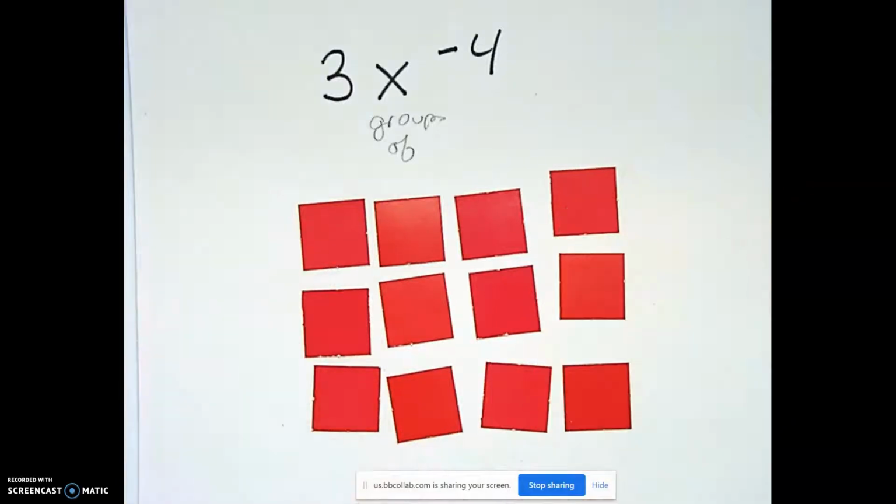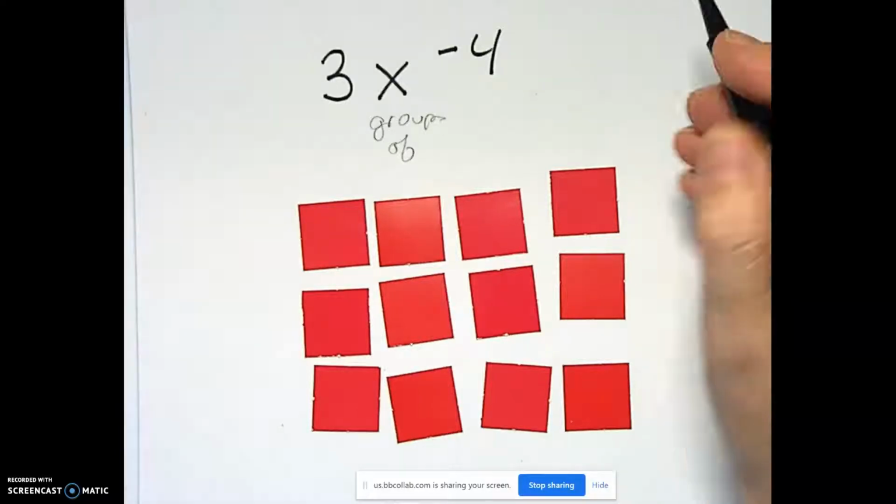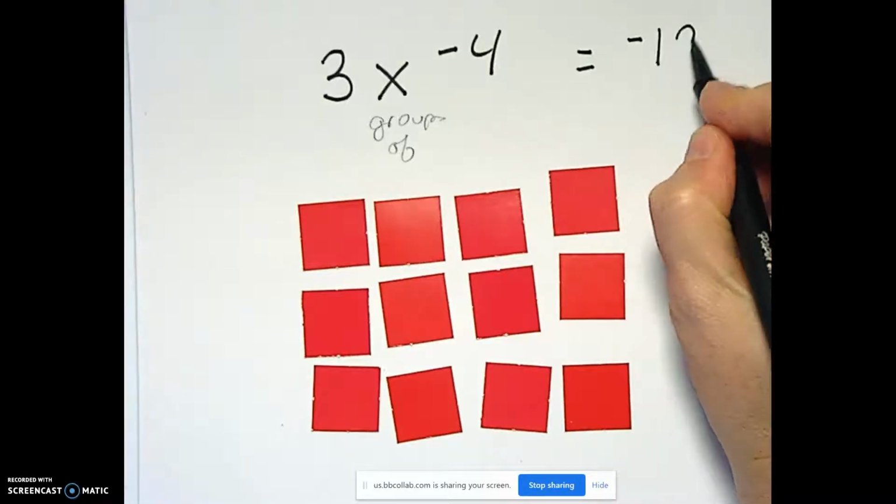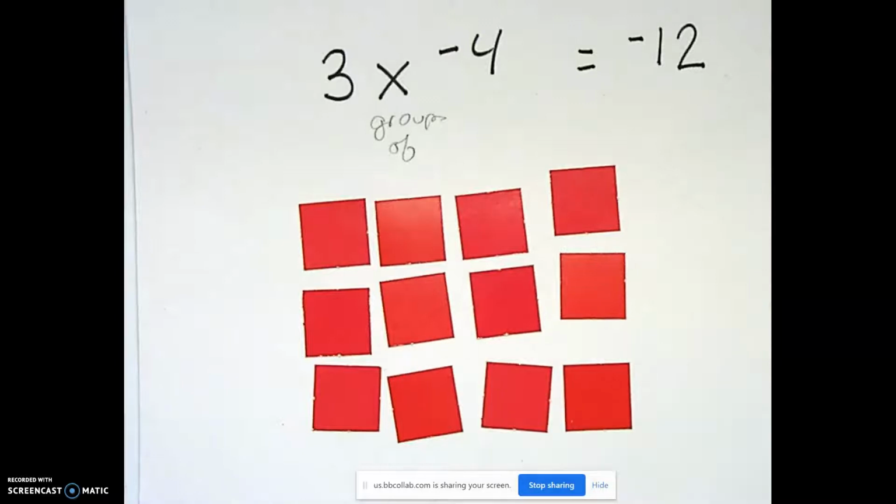So we've got 3 groups of -4, and I made an array, and we showed 3 groups of -4. So 3 groups of -4 gives us -12, and we drew a picture of it there.